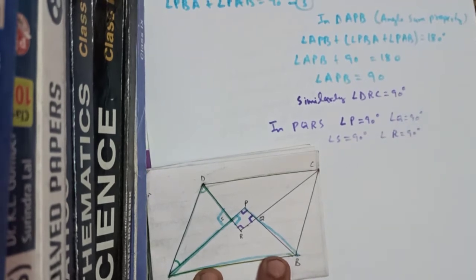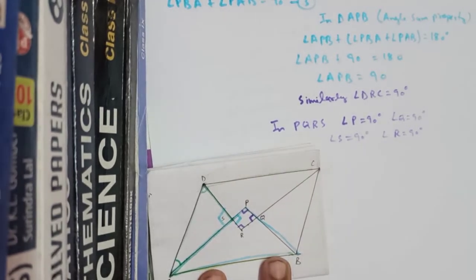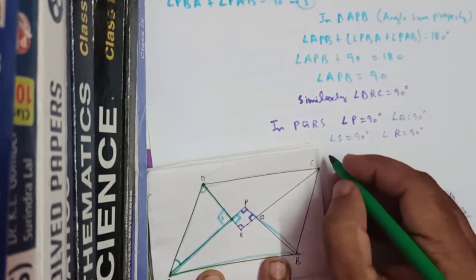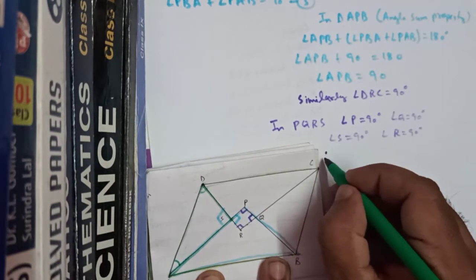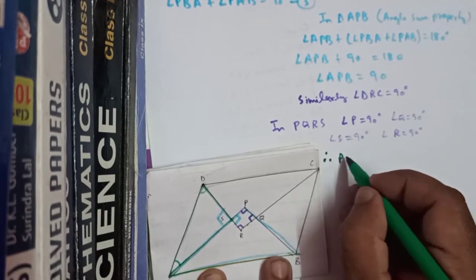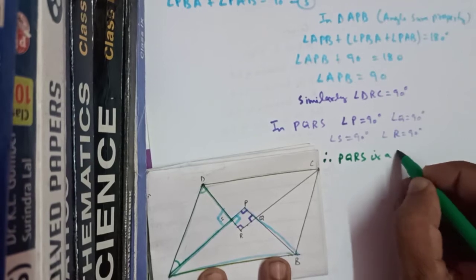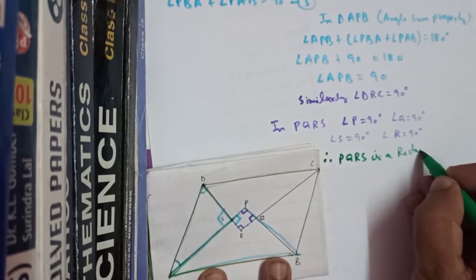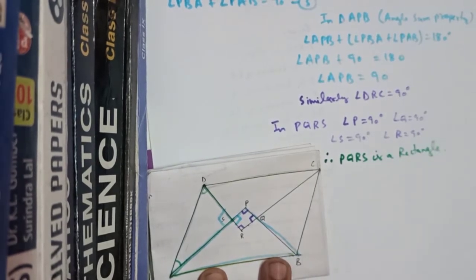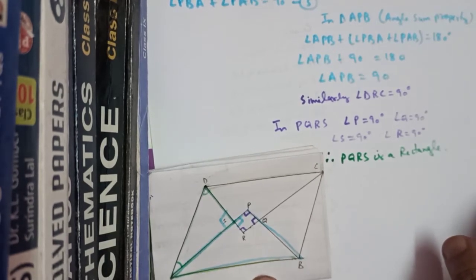So in quadrilateral PQRS, all angles are equal to 90 degrees. Therefore we can say that a quadrilateral in which all angles are 90 degrees is a rectangle. Hence proved.